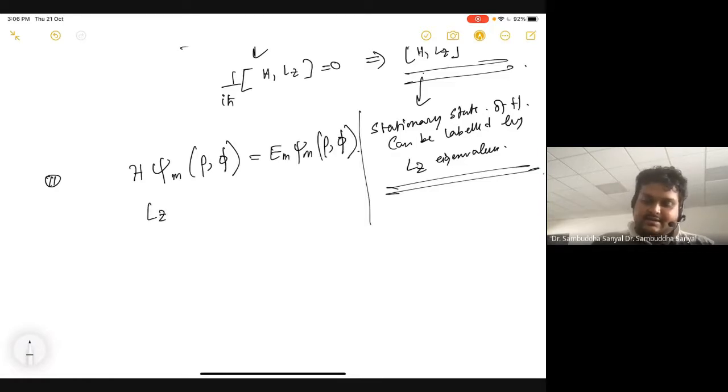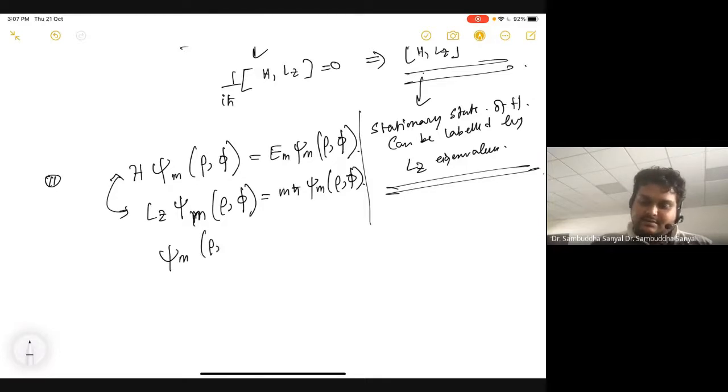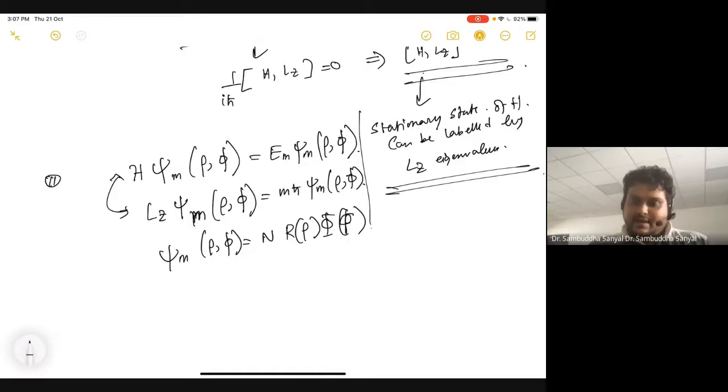And Lz, because they are commuting, and we also checked it in the other way, Lz acting on psi m rho phi gives m h bar times psi m rho phi, and the psi m must have two parts. One is the normalization and some function of rho, and the other part is basically e to the power i m phi, where m can go over all integers.